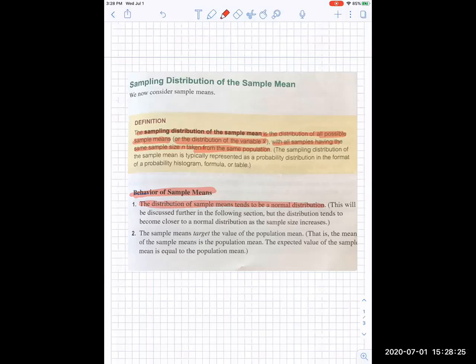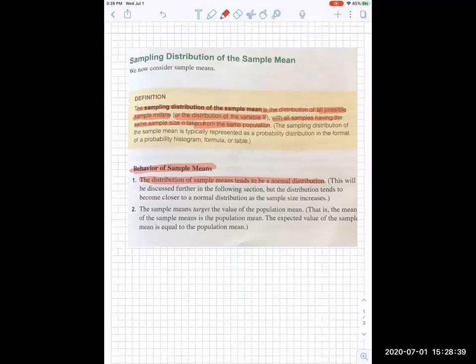So the distribution of the sample means is most likely going to be a normal distribution. It has a bell curve, but we're going to talk about this a little bit more later. This distribution tends to become closer to a normal distribution as the sample size increases.